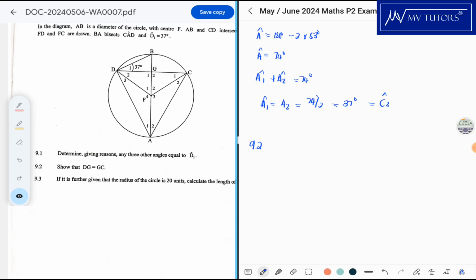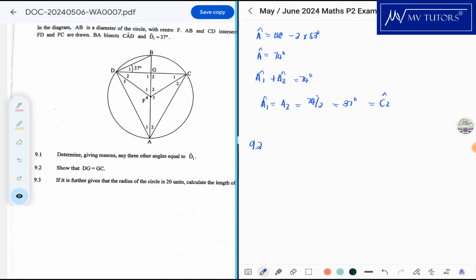But we already spoke about it. So DG is equal to CG. So I would say, not loosely actually, I would just put it that a line from center to chord actually bisects the chord.